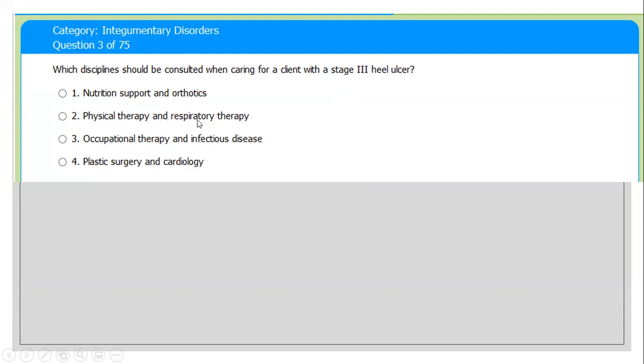Number two, physical therapy and respiratory therapy. Number three, occupational therapy and infectious disease. Number four, plastic surgery and cardiology. So the question said, which disciplines should be consulted when caring for a client with a stage 3 heel ulcer?